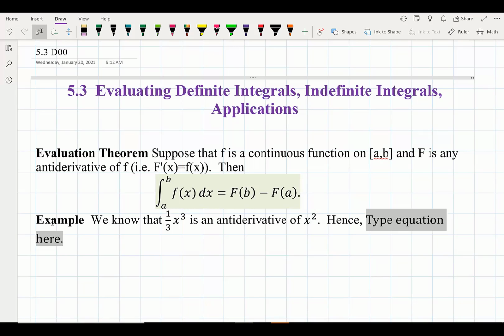Hence, if we want to integrate x squared, let's say from 0 to 1, well, according to our new evaluation theorem, this is going to be 1/3 of 1 cubed minus 1/3 of 0 cubed, which is 1/3. As we know, actually, we've already seen that result before.